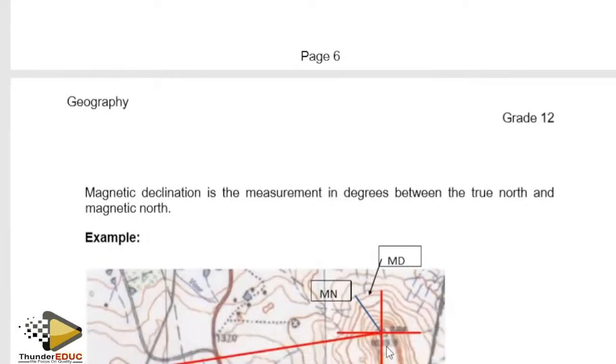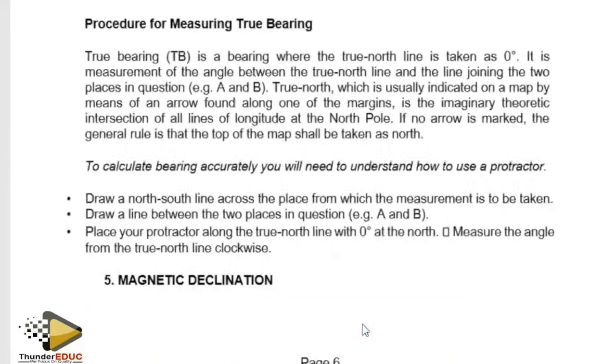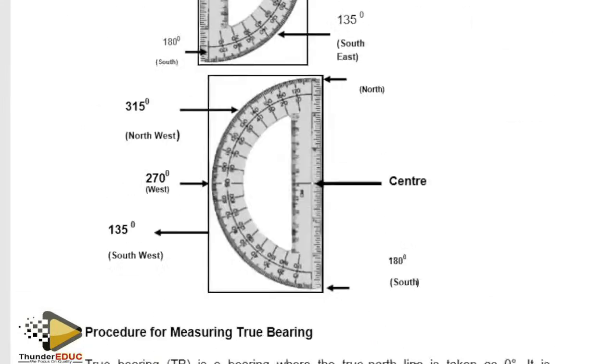Okay, so from here, they say from the trigonometric station here to the spot height here. What do we do? We come to the trigonometric station and you draw the cardinal points. Cardinal points are these ones here.